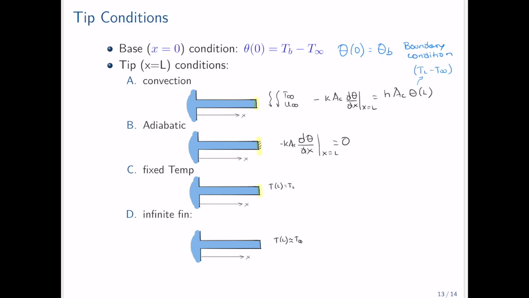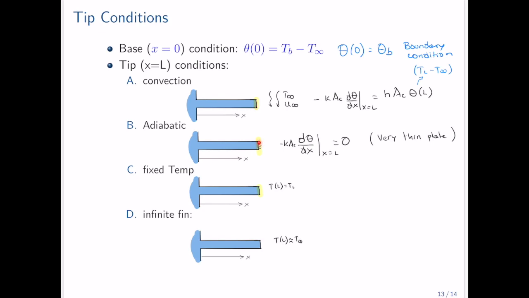So this is probably going to happen in a very thin plate. We can assume that the convection is not very much. So the first case is the more general case in which we are considering the convection.